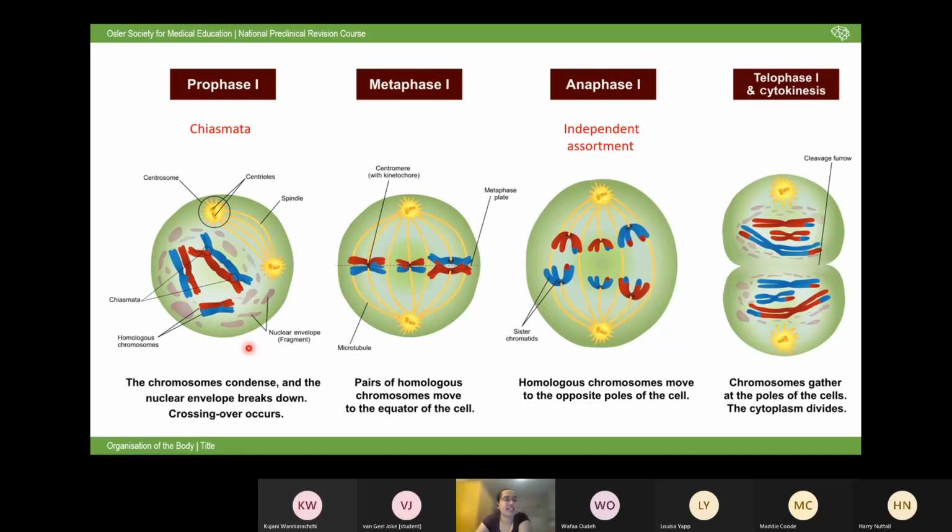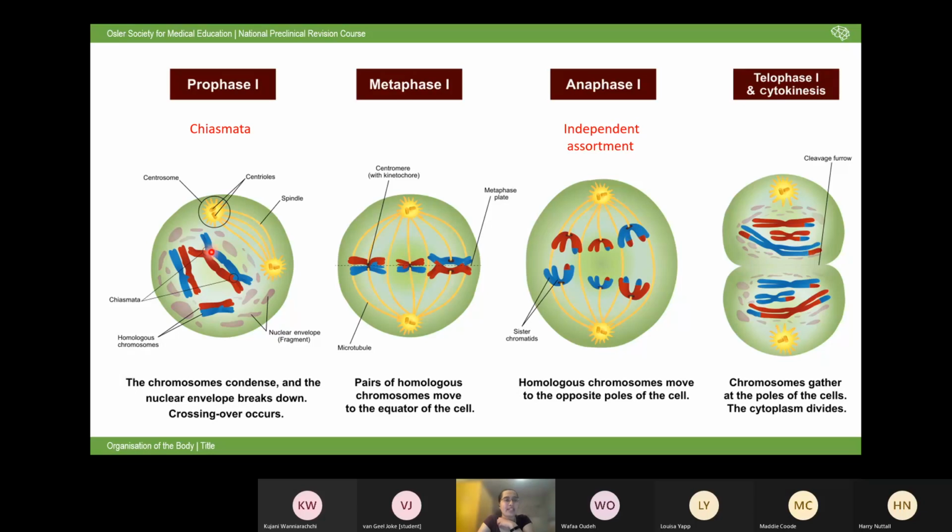And so as you can see, the difference in meiosis is that in prophase, when the chromosomes condense, crossing over or chiasmata happens, which is essentially where, so imagine we're going to say this is chromosome 1, this is the paternal and this is the maternal.